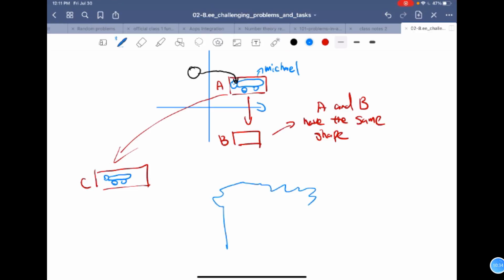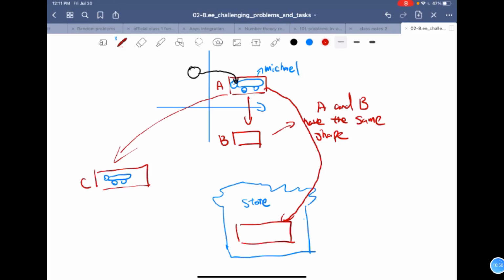Hey, so here's a store. We established this store on the Cartesian coordinate as well. When you translate Michael to the store, notice that this is also a 2D dimension. You have Michael here, and Michael doesn't change. You move Michael to the store, but the size of Michael doesn't change.